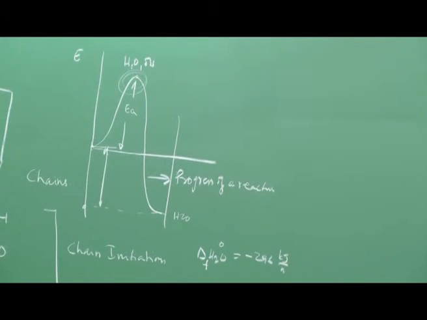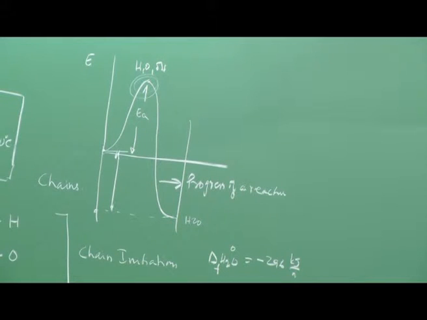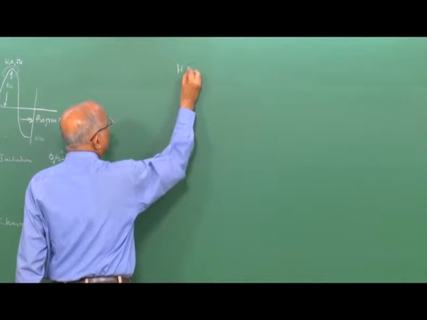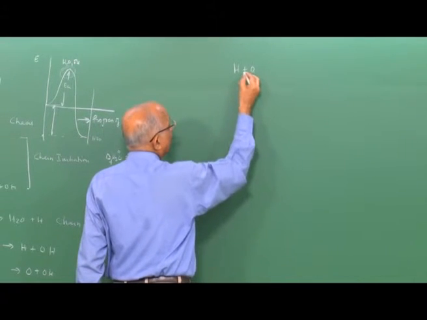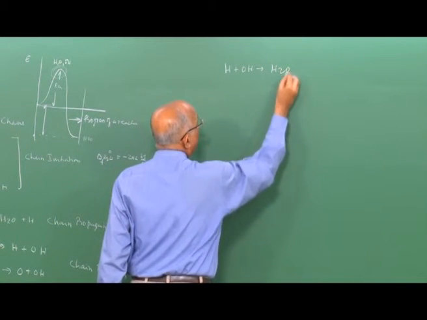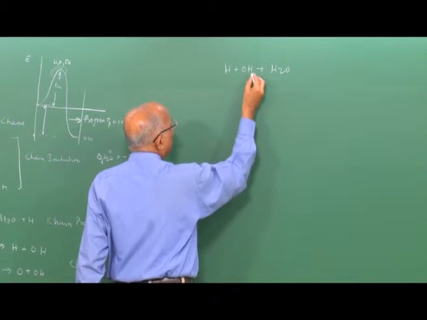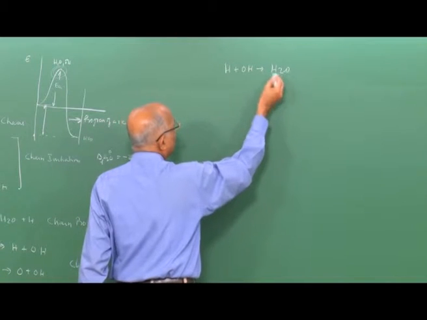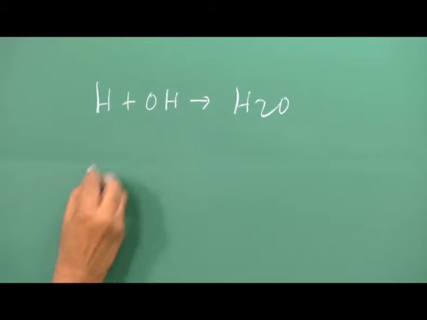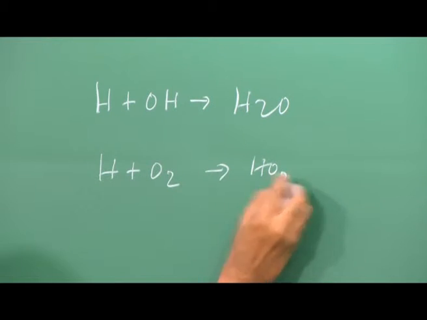Because this is formed, it is all not stable, it is all chains, all active radicals, and these later on combine, and what happens? H may combine with OH to form H2O, sometimes the third radical also influences this, but H and OH can combine to form a stable molecule, or I can also form H plus O2 combining to give HO2.